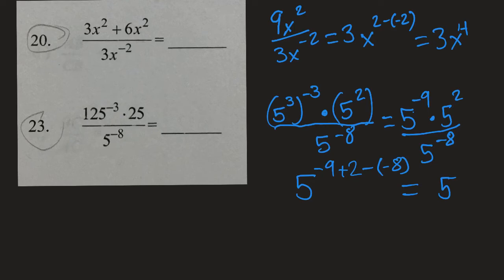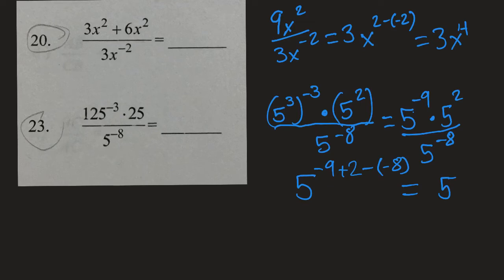In order to get the same base, we can take our 25 and make it 5 squared. Now, it might not be obvious what 125 is, but if you remember your cubes, 5 cubed is 125.